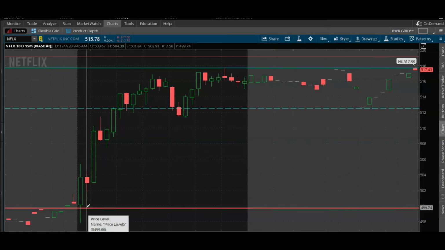So these support and resistance levels that I've superimposed over my charts are going to help me in my trading to understand the various price points at which there's a lot of buying and selling activity.